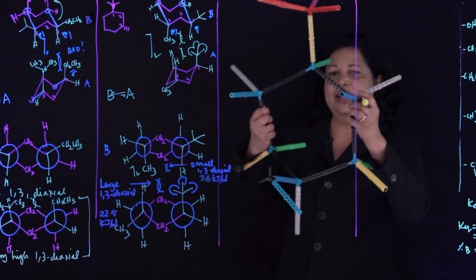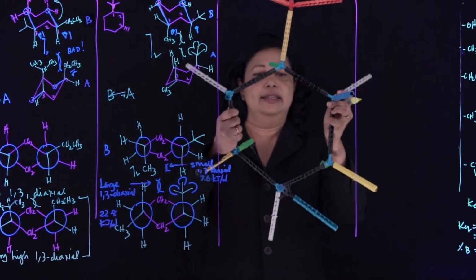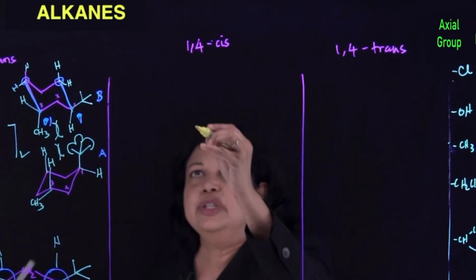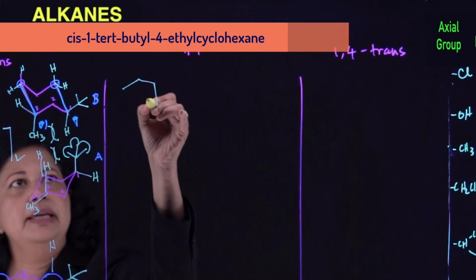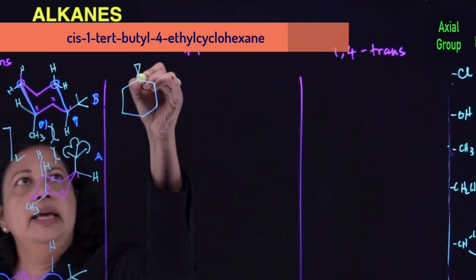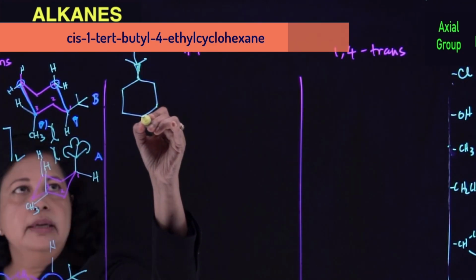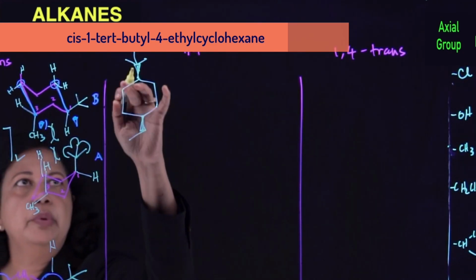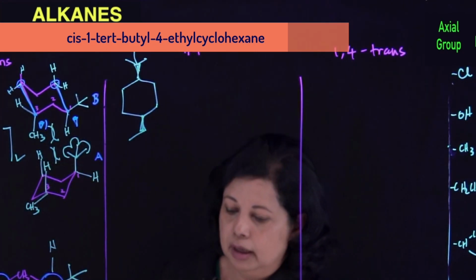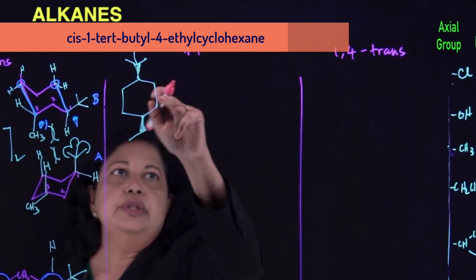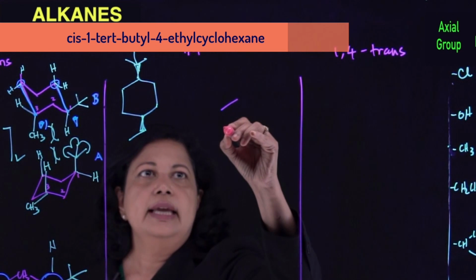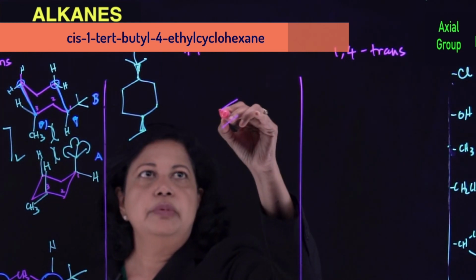So let's draw this out as the perspective with this and this coming out at you as a wedge. So here is a perspective diagram, T-butyl coming at you and ethyl coming at you. Or they can be both on dashes. It's the exact same molecule. Now, let's draw the chairs for that. Again, same principles as before.